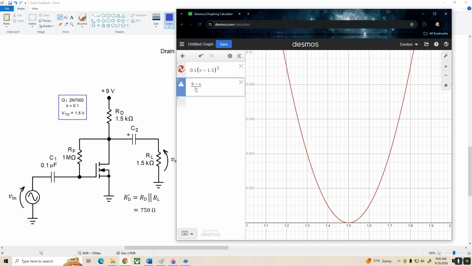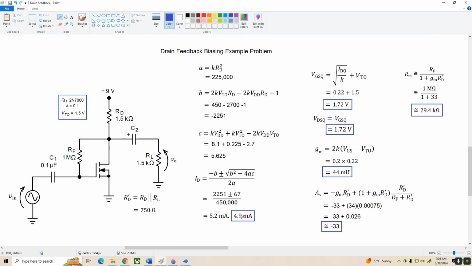And in the denominator, we enter our drain resistor 1500 ohms. And there's our line, and here is our drain current, 4.853, about 4.9 milliamps, and 1.72 volts for VGS. 4.9 milliamps, 1.72 volts, so everything looks good.